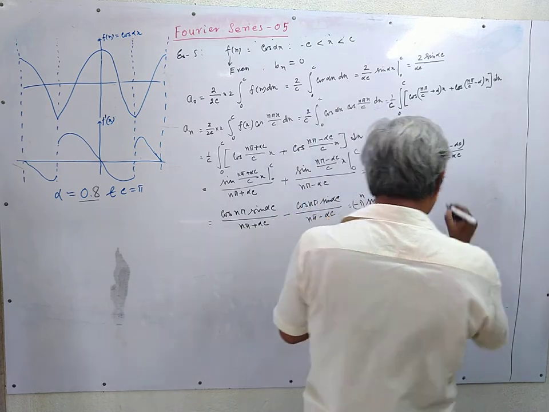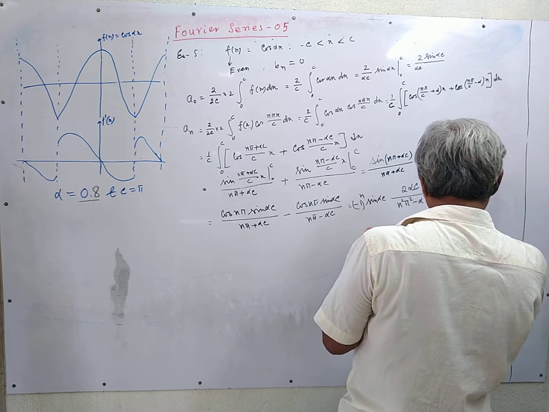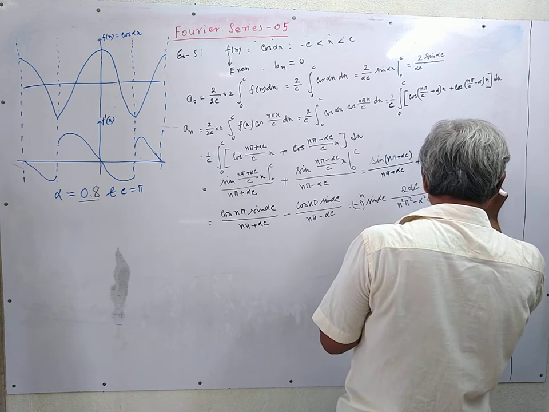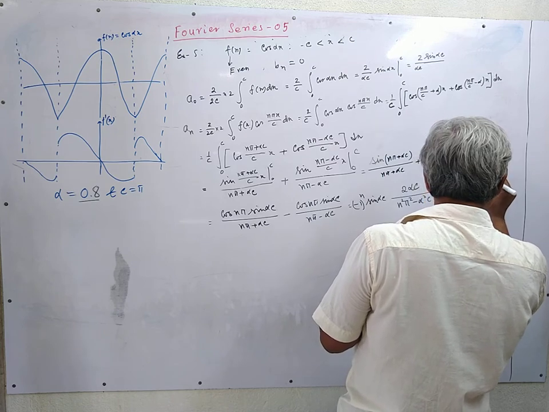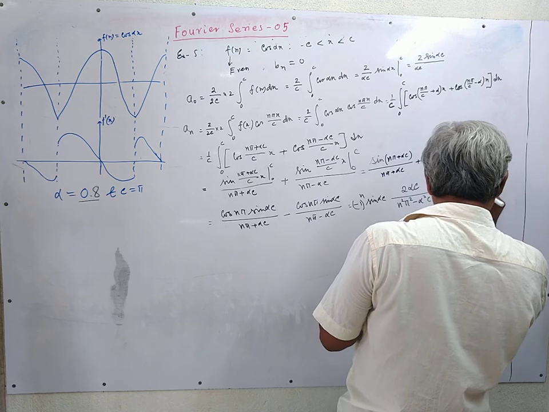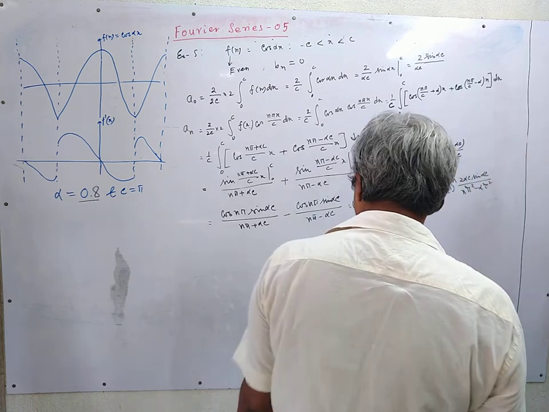So the final result is minus 1 to the power n twice alpha c sine of alpha c over n square pi square minus alpha square c square. This is the final result for an.